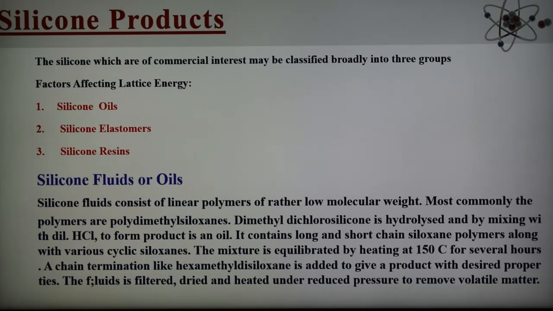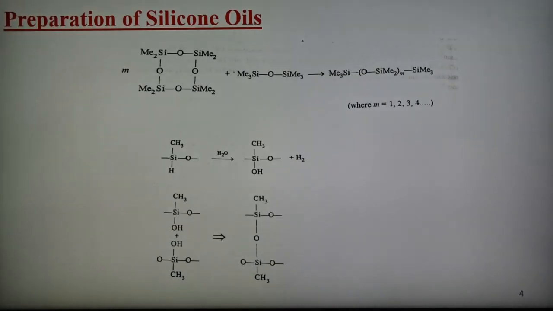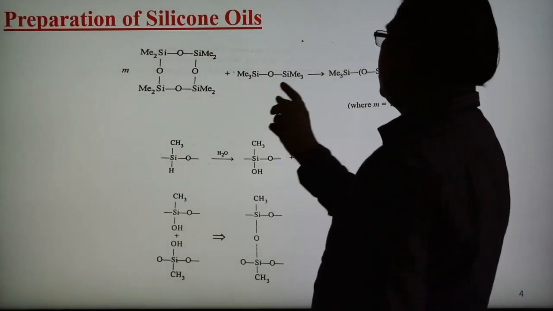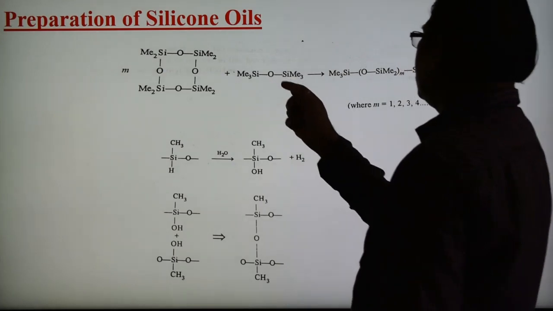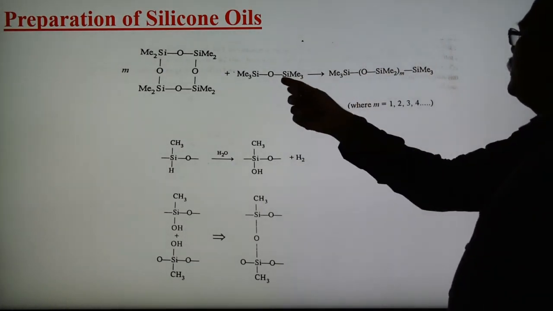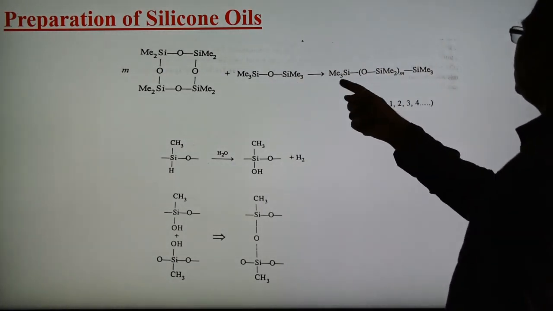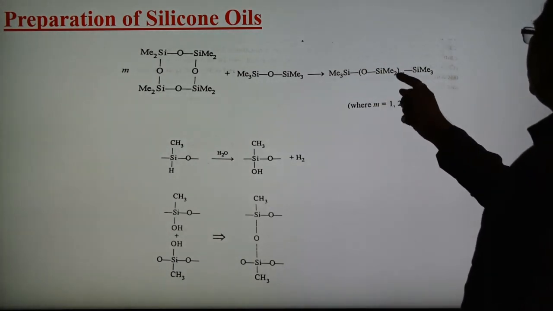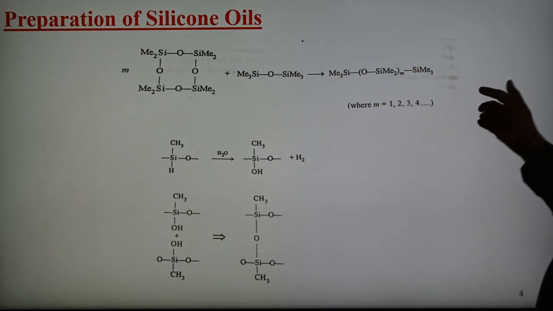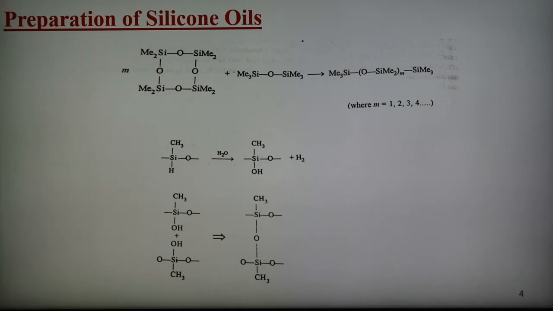This reaction is shown here. In this way it can be synthesized or prepared. This is the compound, and here it reacts with trimethylsilane, and this is the repeating unit, where m may be 1, 2, 3, 4, 5 and so on.